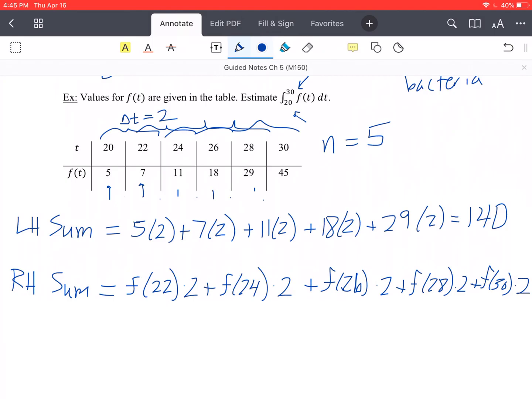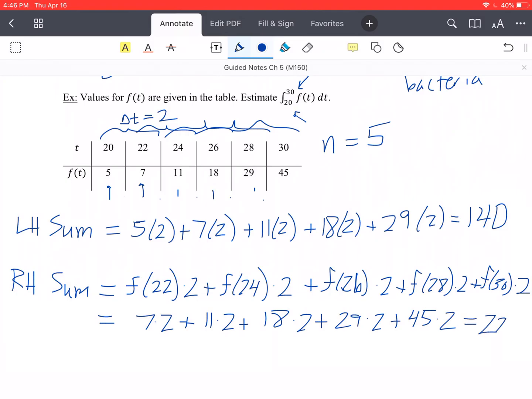So this gives us 7 times 2 plus 11 times 2 plus 18 times 2 plus 29 times 2 plus 45 times 2, which is 220.